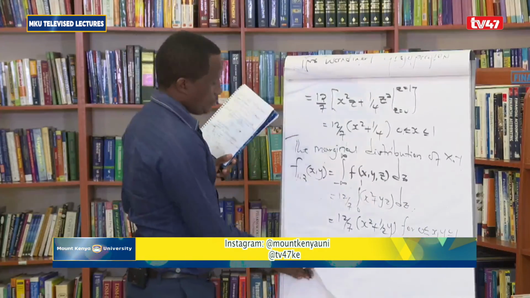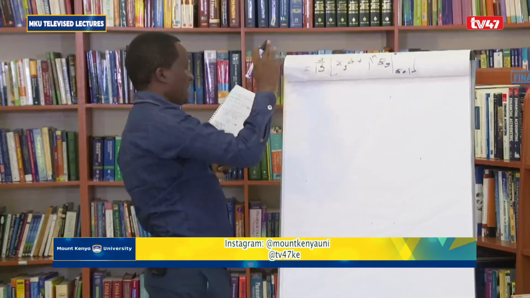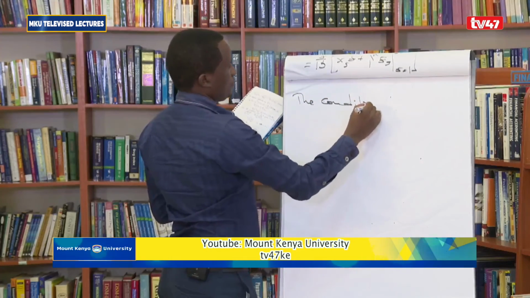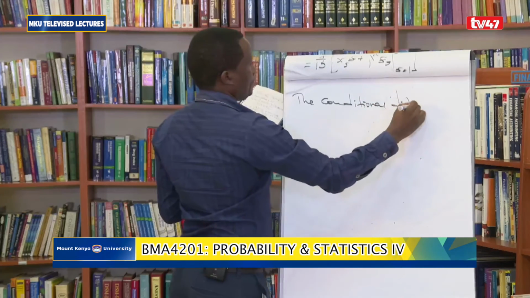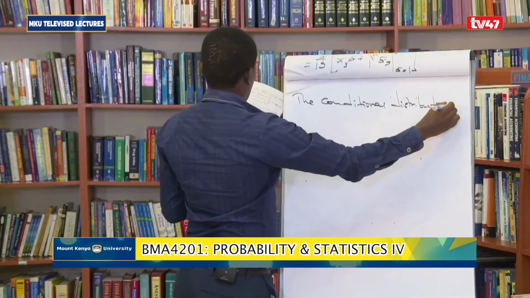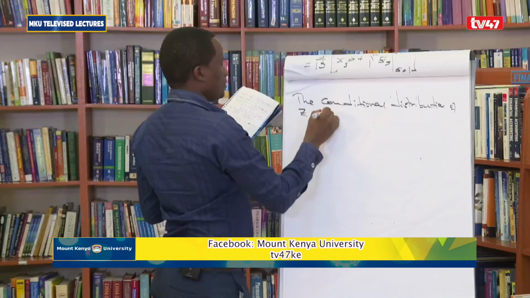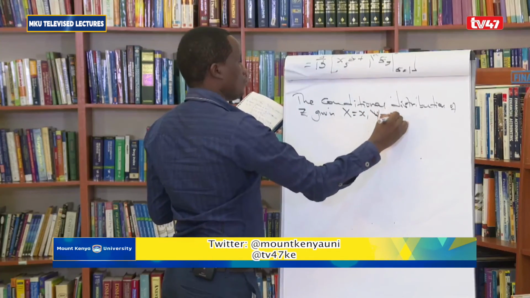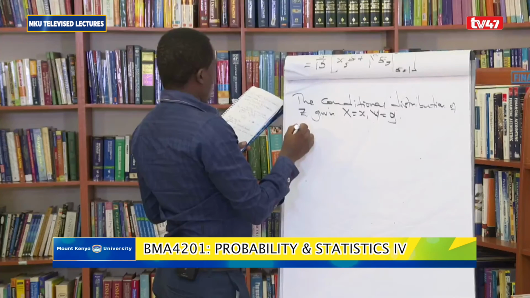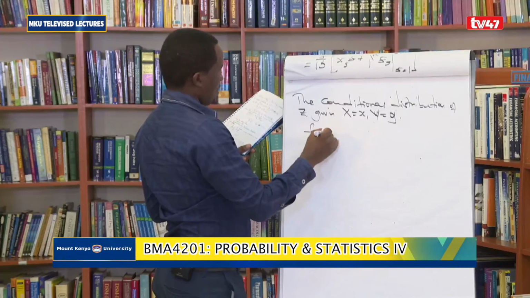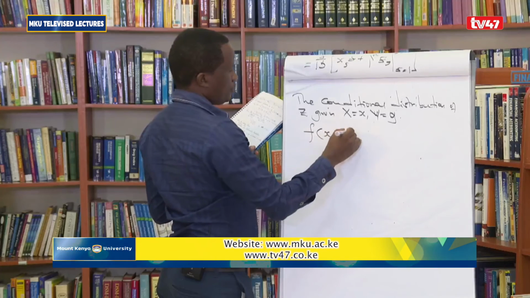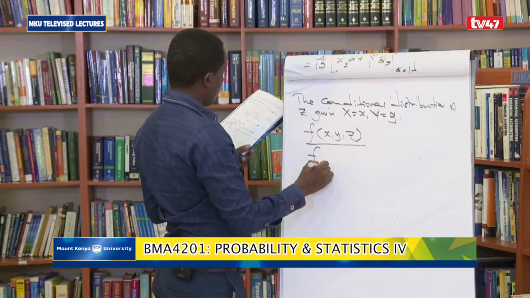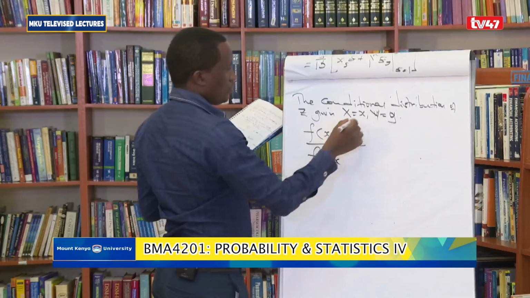Now with this, it is possible to obtain the conditional distribution of z given x equals x and y equals y. That should be given by, we said you get the overall distribution of the three, you divide by the marginal distribution of x and y.